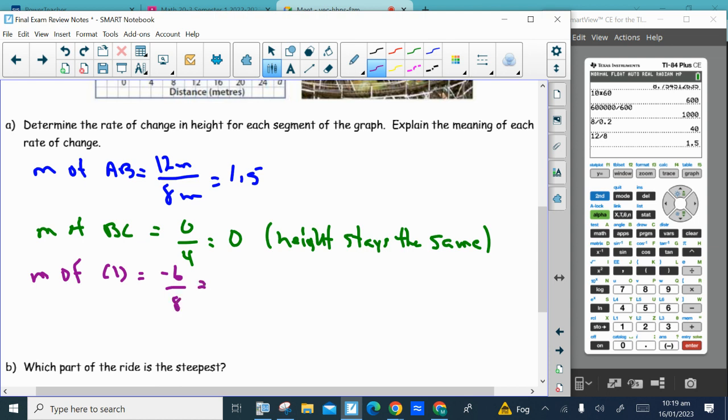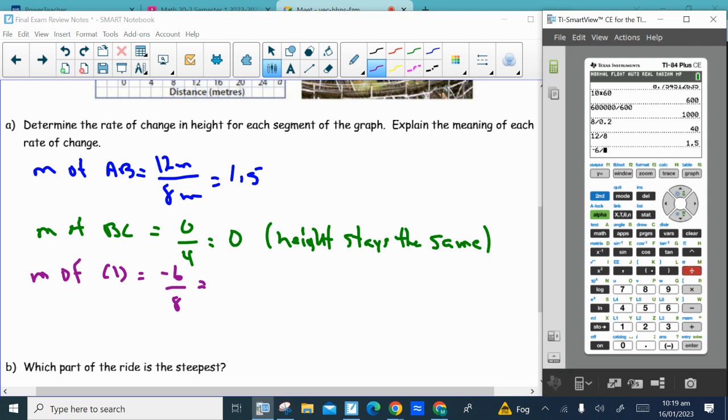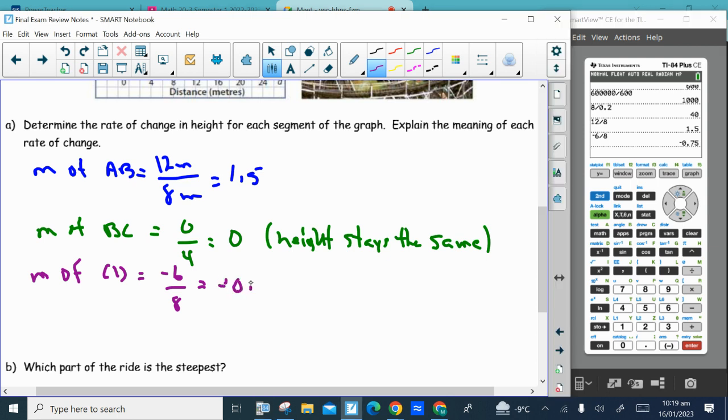So that would reduce to negative 3 over 4, or negative 0.75. So in this case, the roller coaster is falling. It's going lower. Whereas in the very first section, where it was positive 1.5, the roller coaster was rising. It was going higher.